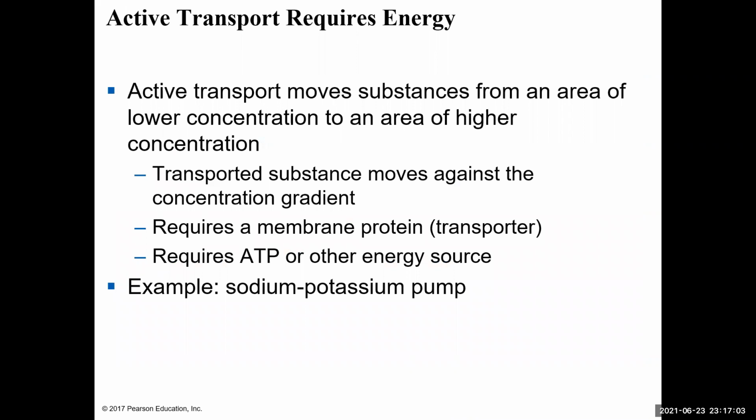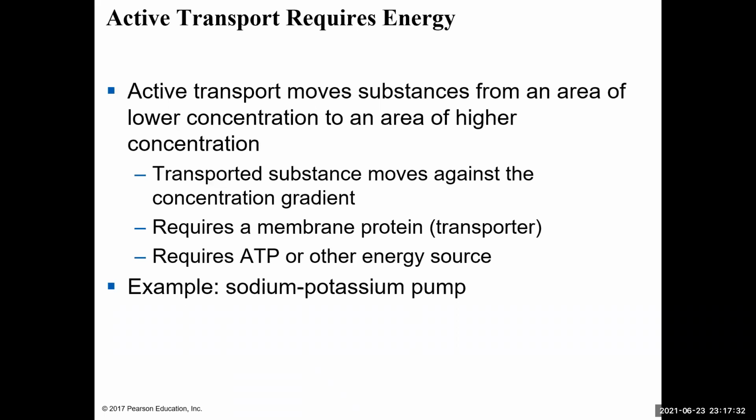Okay, so now after passive transport, we're going to talk about active transport. Passive transport is moving molecules and ions with no energy. Active transport is moving these substances with energy, because the cells are moving them against their concentration gradient.